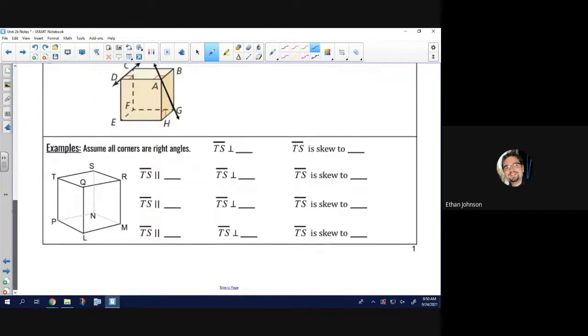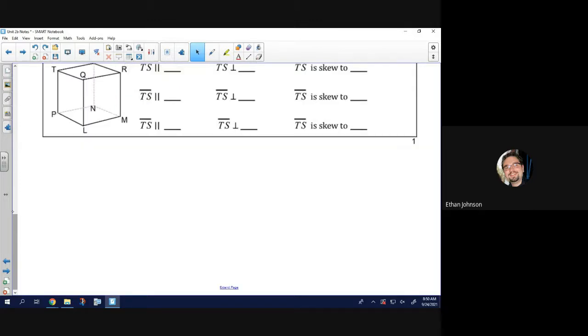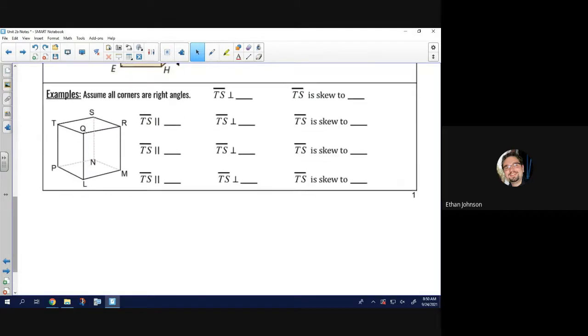So let's look at our first example. Assume all corners are right angles. Now the first column says segment TS. I know it's a segment because it has just a bar. So segment TS is parallel to what?